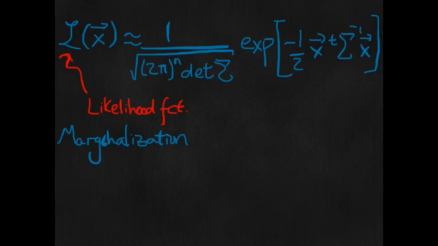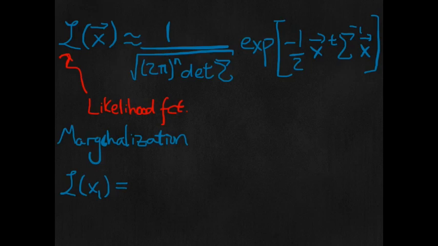And what I do when I marginalize over parameters is that I'm essentially saying I don't care about certain parameters. So suppose I were interested in just the likelihood of my first component, L of x1. Okay?